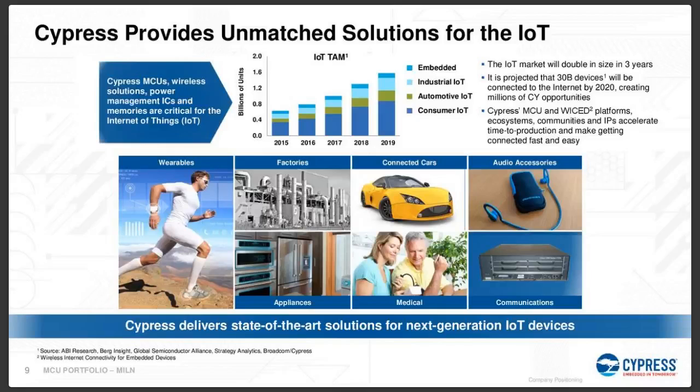Some of these different kinds of segments have a lot in common in terms of processing capability, requirements, memory, and peripherals, but some of them also require very, very low power, particularly the wearables. So when PSOC 6 was designed, it was designed to have very, very low power.